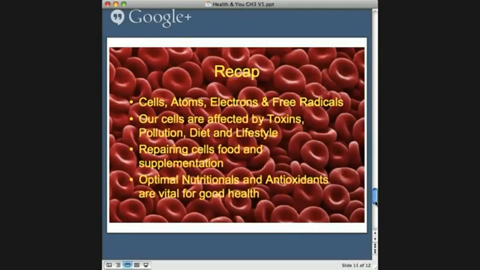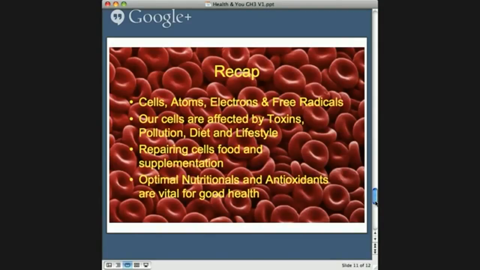So let's just recap: cells, atoms, electrons, free radicals. Basically, when an electron breaks off, that atom or cell becomes a free radical. These electrons are broken off because of toxins, pollution, diet and lifestyle, and repairing cells can be done through our foods or through supplementation.